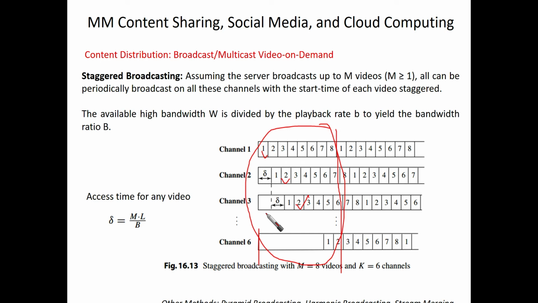Any user, even if every user is getting a different video, can take either channel 1 or channel 2 or channel 3 or channel 6. Perhaps you saw that on Netflix, when you go through and want to watch some video, when you click, it takes some time.